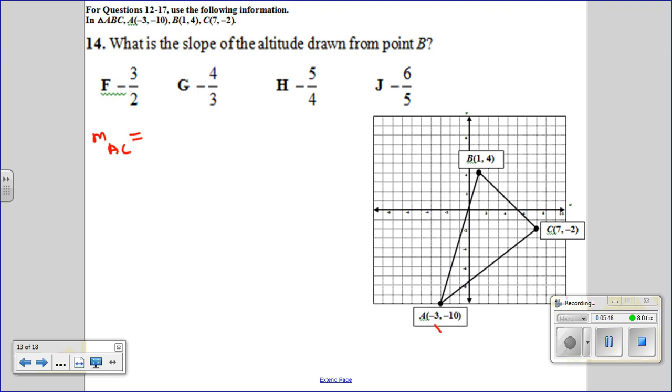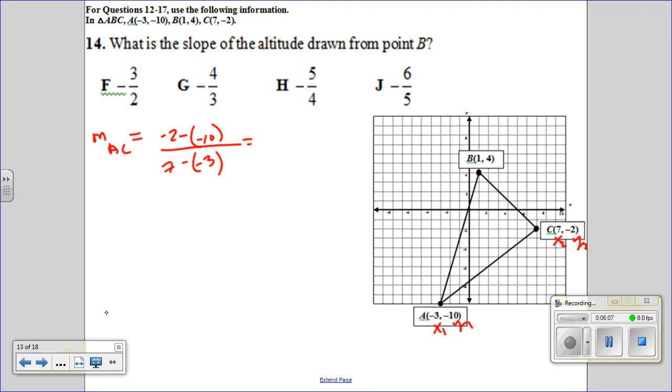Let's say this is x1, y1, x2, y2. So y2 is negative 2, y1 is negative 10. x2 is 7, x1 is negative 3.